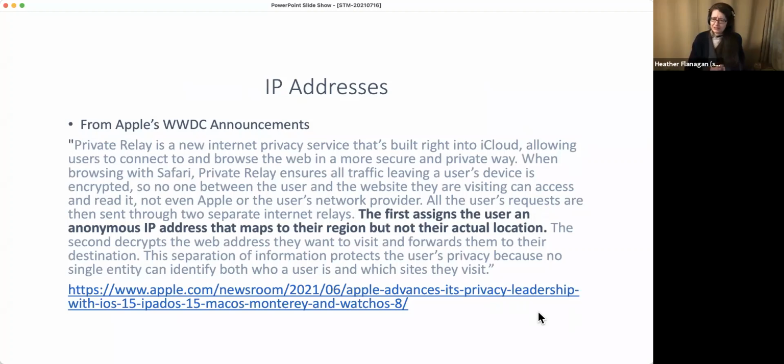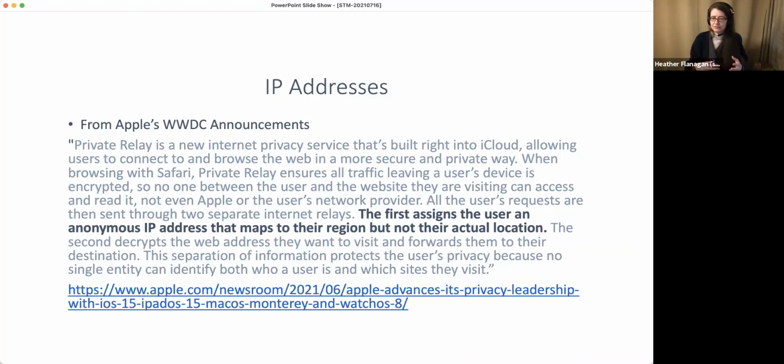Okay, so IP addresses. Wait, why is this on the list? Why is this in the 2 to 3 year time frame? Primarily because of Apple. At Apple's recent Worldwide Developer Conference, they announced that for subscribers to their iCloud Plus service, they're going to automatically start obfuscating, anonymizing the IP address.